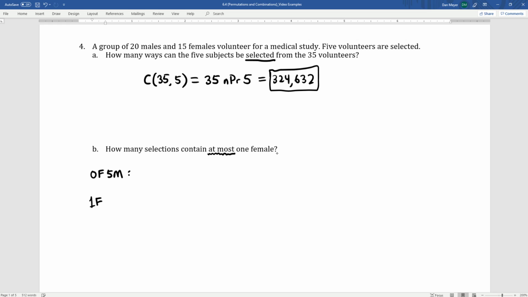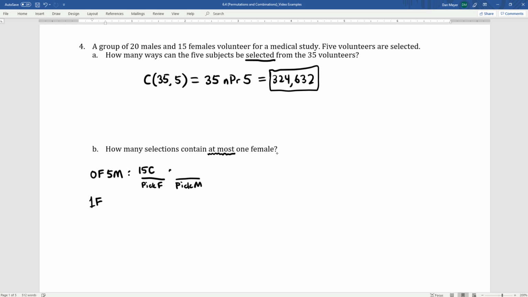All right, so I'm going to break this into a 2-stage problem where I pick my females, and then the second stage where I pick the male volunteers. Okay? And both of these we're just choosing, or selecting. These are combination problems. From the females, I have 15 females to choose from.